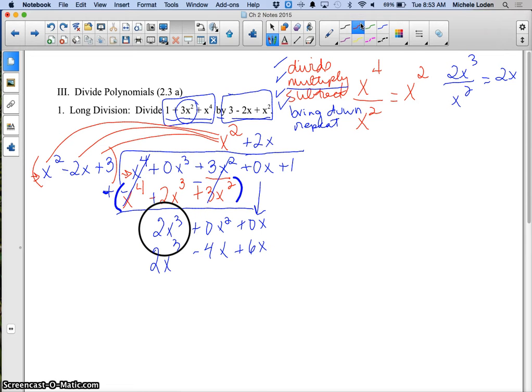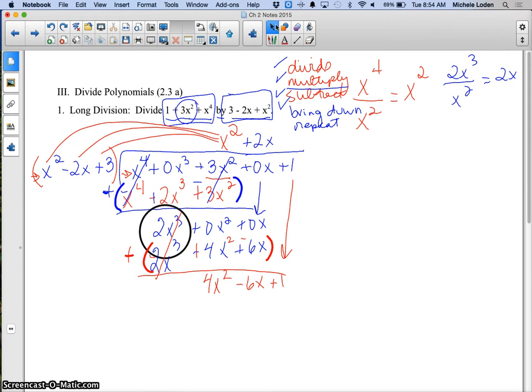Remember, when we subtract, we will subtract the entire polynomial, so we must distribute and make this plus a negative, a positive, a negative. The 2x cubes will cancel. 0x squared plus 4x squared is 4x squared. 0x plus negative 6x is minus 6x. And after we subtract, we bring down.